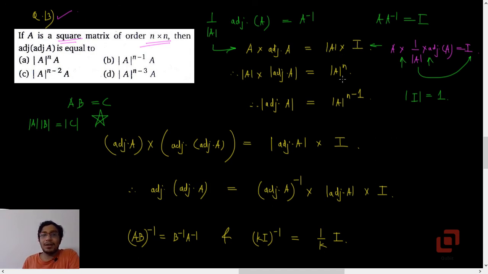See, if you are multiplying any matrix by a number, you are multiplying each and every element of that matrix.